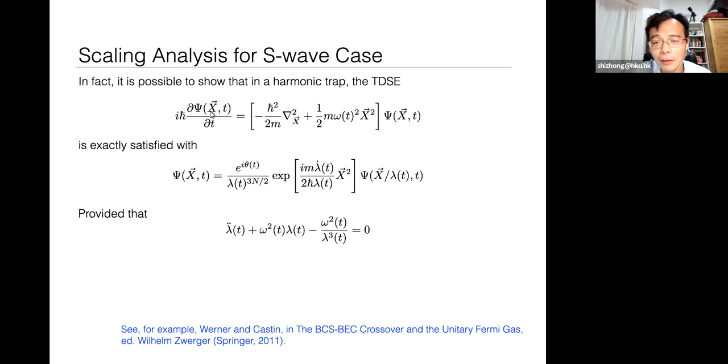The x is the collection of coordinates that you have, X and Y before, and then you have this exponential factor here, this theta t, and then this overall factor, where n is the number of particles. This basically gives you the normalization because of the change in the distance. And this term you can also obtain from there. The theta t you can also write down. If you put this back into this expression here, then this will be an exact solution of this equation, provided that the lambda here has this particular time dependence.